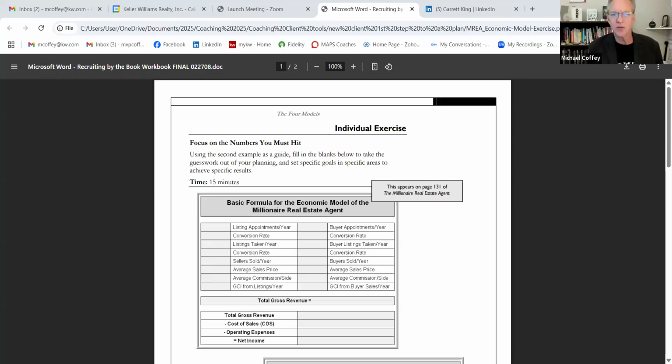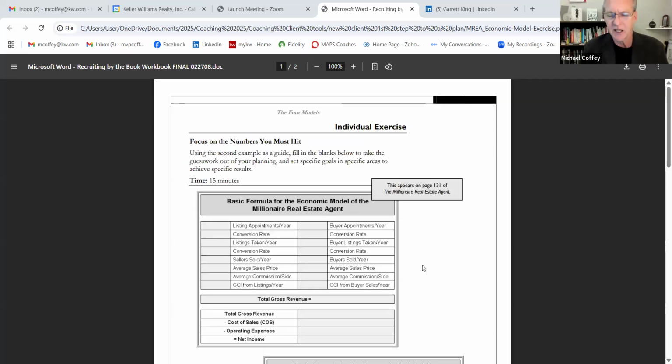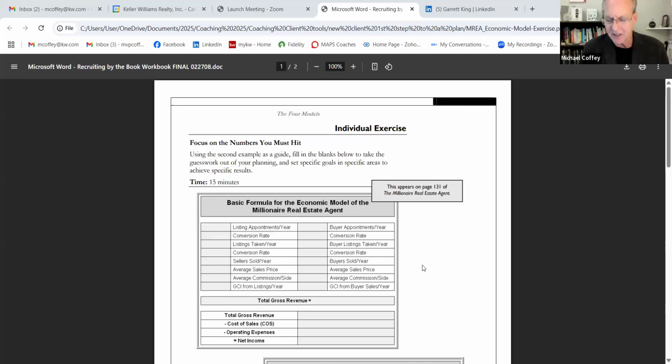All right, so this is an exercise to identify what are the numbers we need to track in order to be sure that we're on pace to hit our goals. As you track your numbers, I suggest that you keep a 90-day rolling average so that you can understand your individual conversion rates.